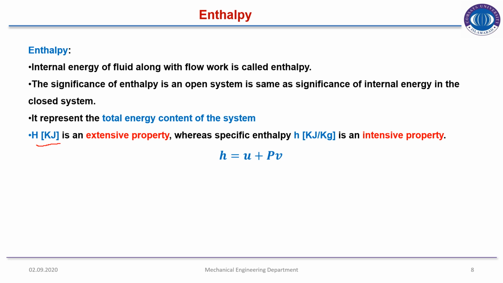In the previous lecture, we have already studied what intensive properties and extensive properties are. So the enthalpy is an extensive property, whereas specific enthalpy, which is represented by small h, whose unit is kilojoule per kg, is an intensive property.